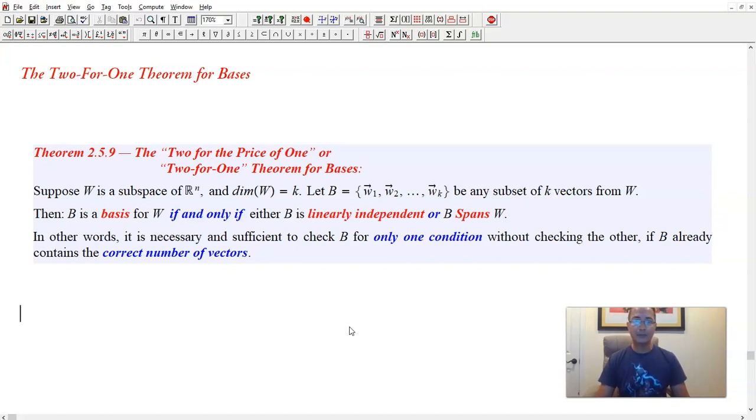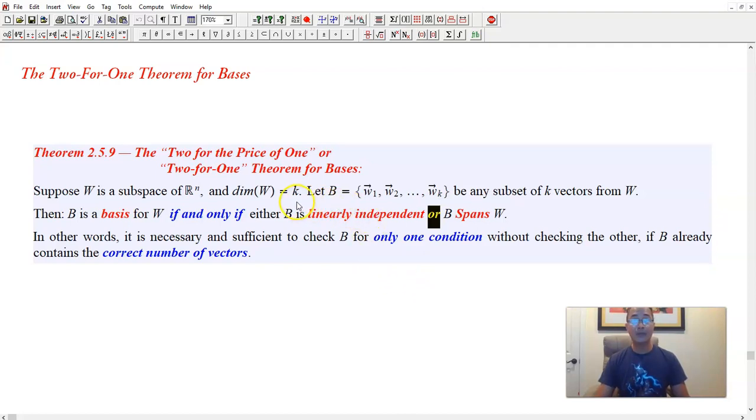spans W. So I hope you're wondering, why is that an or? The definition of a basis is supposed to be linearly independent and spans W. So yes, that word or is exactly the point, the magic of the 2-for-1 theorem.